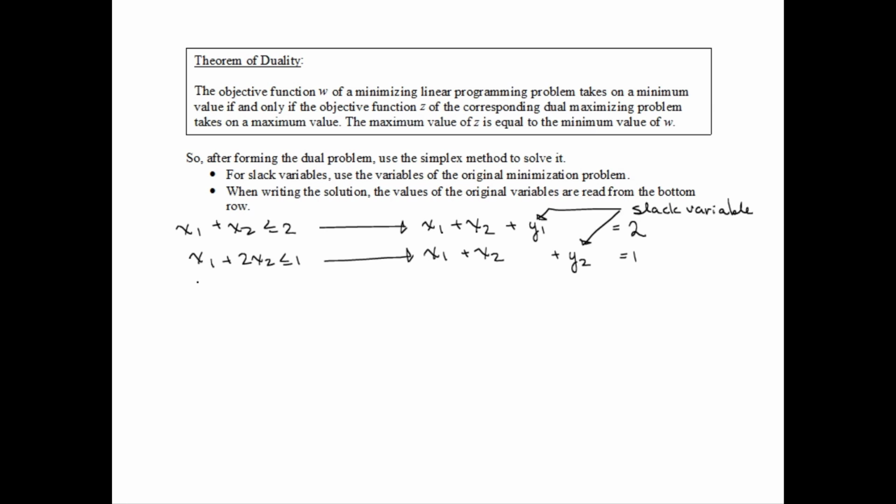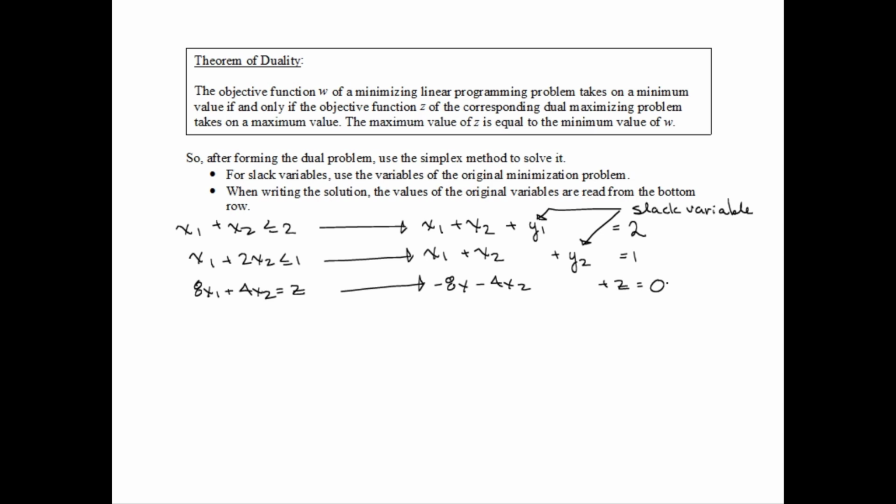And now here I had 8x1 plus 4x2 is equal to z. So now I am going to subtract those over to the other side, and so I will have negative 8x1 negative 4x2 plus z equals 0.